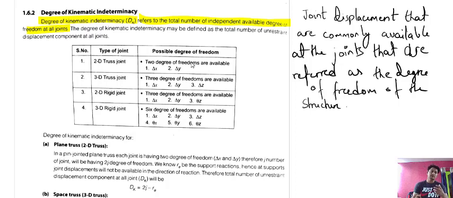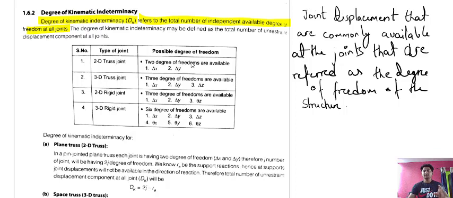It is basically the joint displacements commonly available at the joints that are termed the degrees of freedom of the structure.